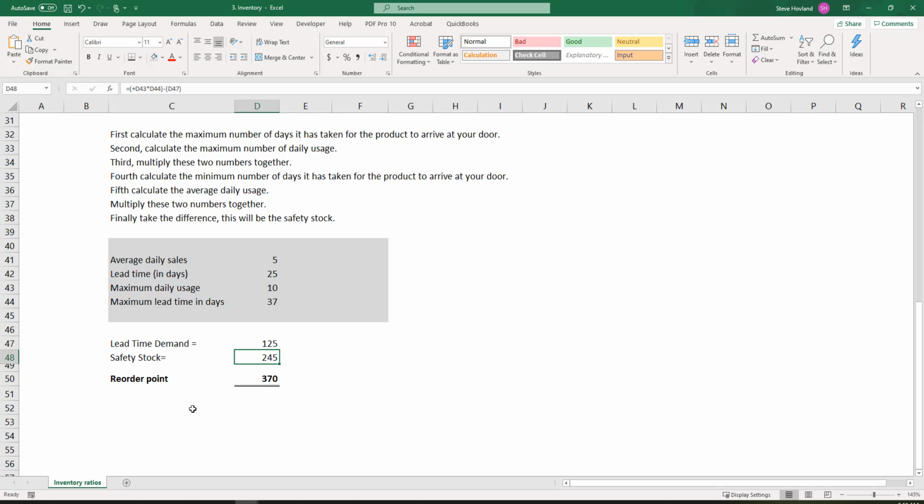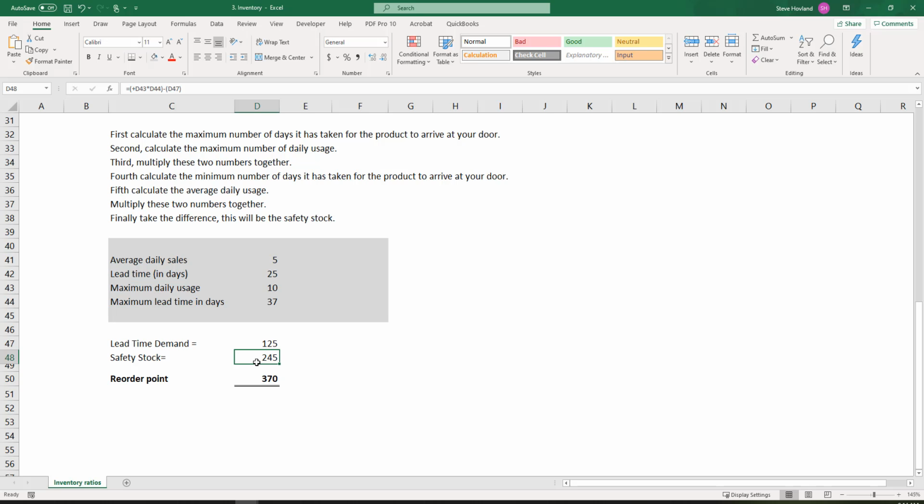Now, if you're in a seasonal business, this may not work as great as you would like. Your safety stock will probably be skewed because, if you're in a business with a lot of seasonality in the winter months, obviously you're going to need to build up your inventory in August and September to cover the winter months, because one, you're dealing with weather, and two, if it takes forever for the product to come in, you need to build up that inventory.